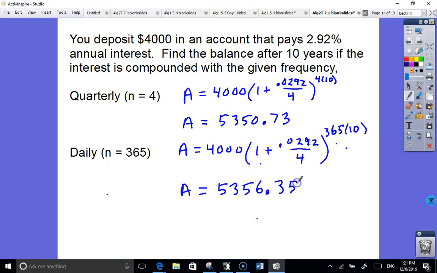You know, it's still not that much money because the interest rate is so low. Now, you guys are all going to go on and have good careers doing something, right? And when you start having enough money to put into some kind of investment account and not just a savings account, you can expect to get, 5 to 10% is not unusual.